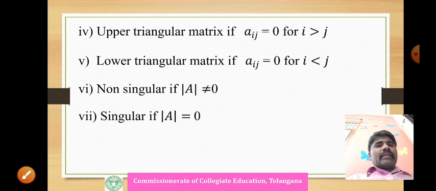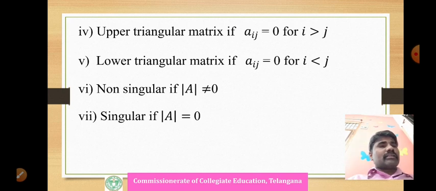Now, the upper triangular matrix. A square matrix is an upper triangular matrix if the elements below the principal diagonal are 0. The elements below the principal diagonal must be zeros. About the diagonal elements and the elements above, whatever they may be, we don't say that they are not zeros.